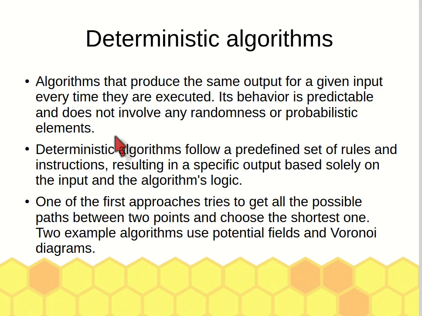There are also deterministic algorithms. The main point here is randomness is avoided in deterministic algorithms. So potential field and Voronoi diagram are two examples of deterministic algorithms.